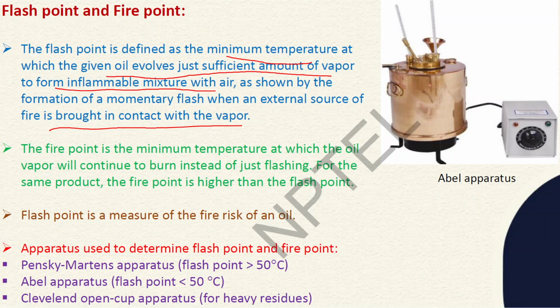As the temperature increases and the vapor of the crude oil starts to generate, there comes a temperature at which these vapors, on coming in contact with this external fire source, will give a momentary flash. That is basically the threshold, the starting point of the fire risk.